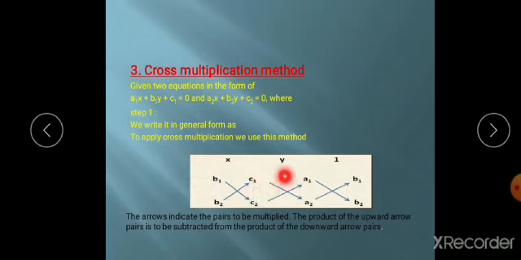Now you will understand, y divided by c1 a2 minus c2 a1, and 1 divided by a1 b2 minus a2 b1.